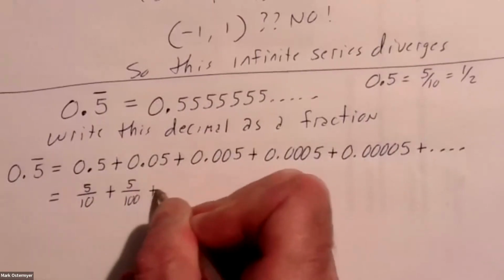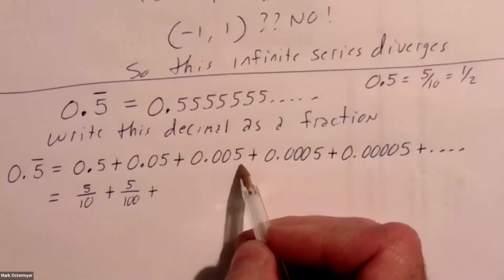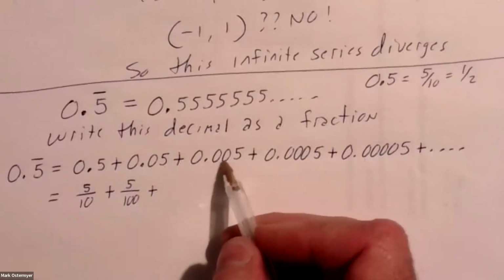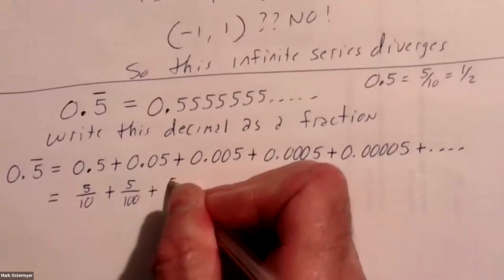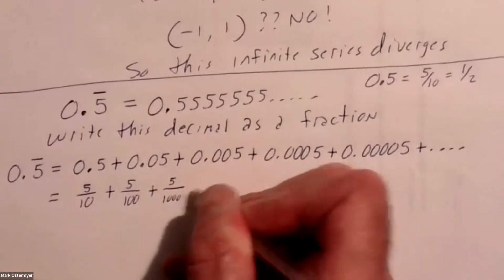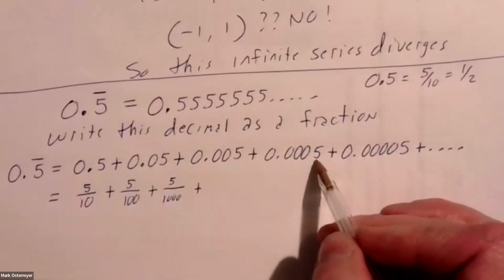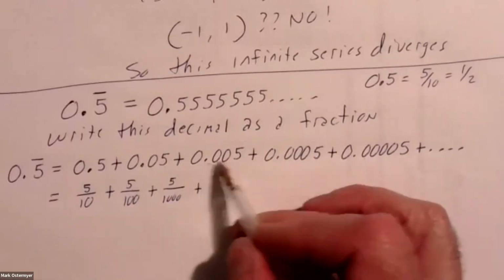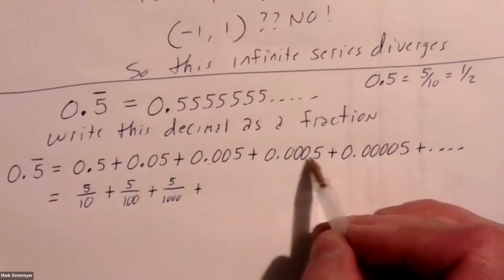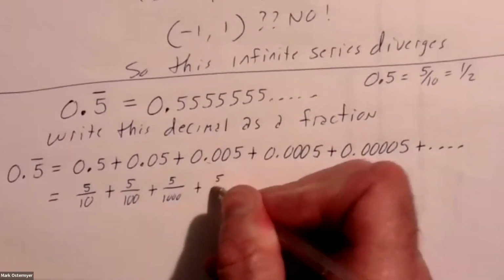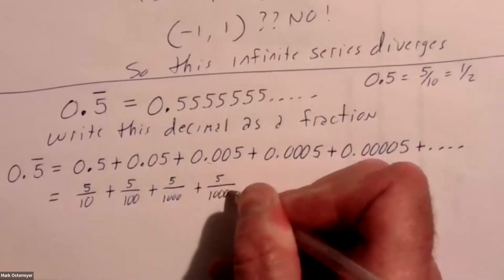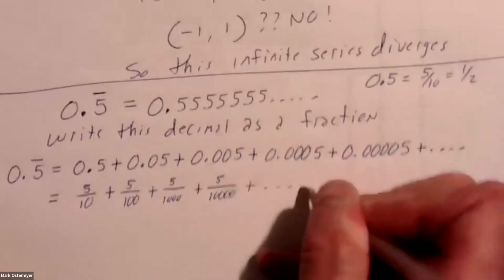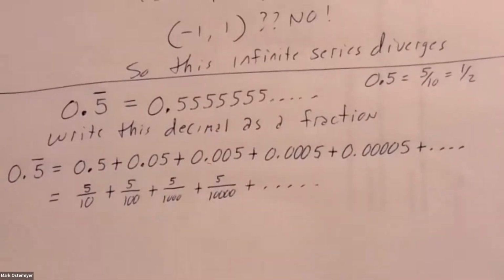How do you read the next decimal? Tenths, hundredths, thousandths: 5/1000. And the next one? Tenths, hundredths, thousandths, ten-thousandths: this is 5/10,000. And on this goes forever. That makes sense?